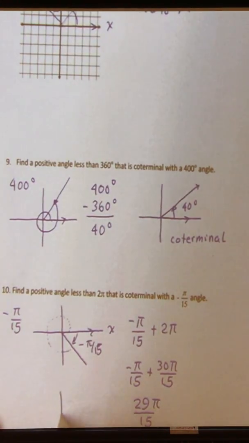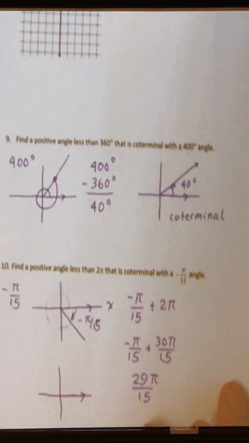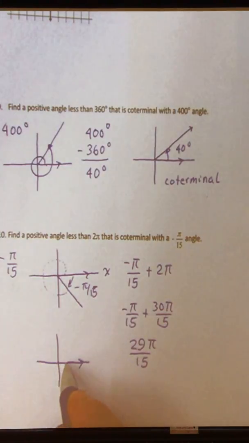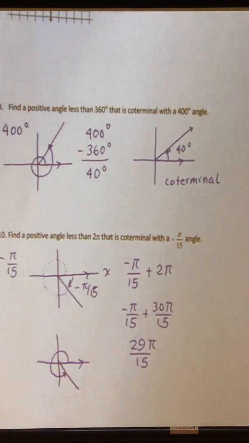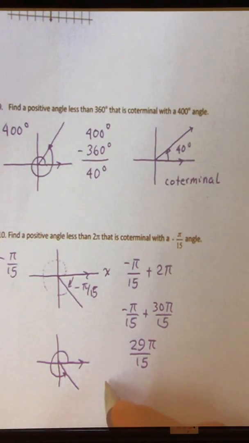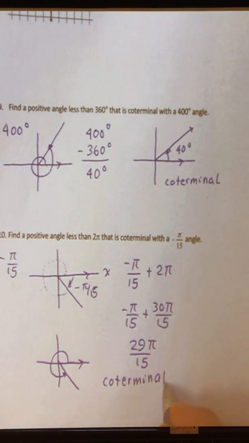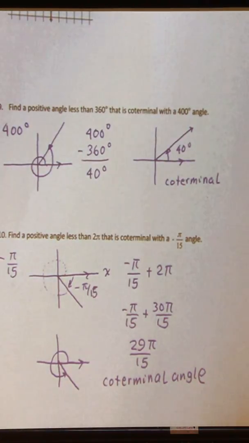And that is the angle, as I illustrated above, starting on the positive x-axis and rotating in the positive direction all the way around to the same point that we ended with the negative pi over 15 angle, and that is the coterminal angle. And that is the conclusion of section 5.1 exercises.